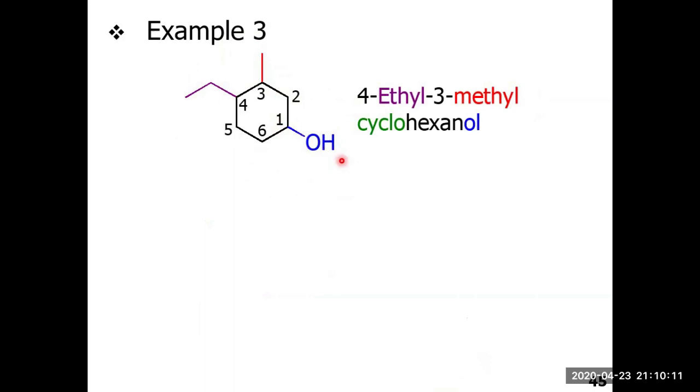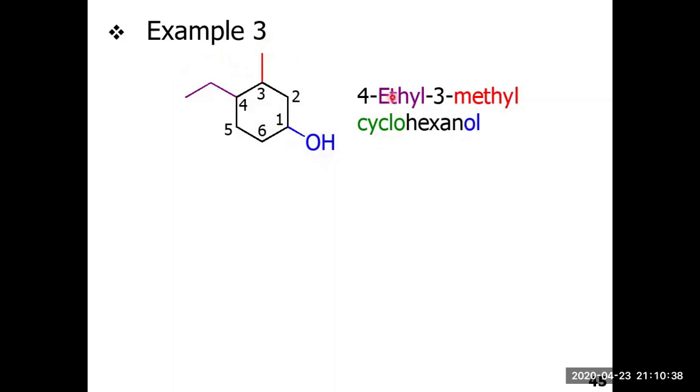Because your hydroxyl group is of higher priority than your alkyl groups. Actually, we have this functional group prioritization in giving names for organic compounds, and this will be the last topic of this lecture. So in this case, carbon 1 is the carbon bearing the OH group.